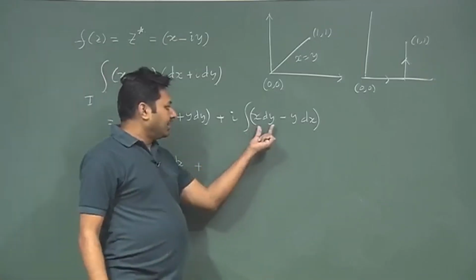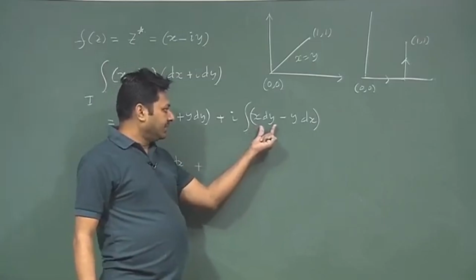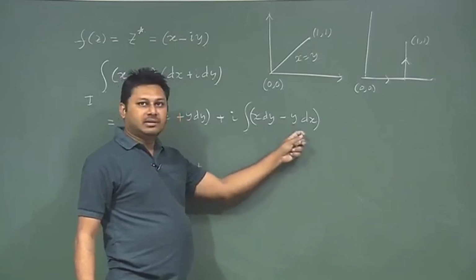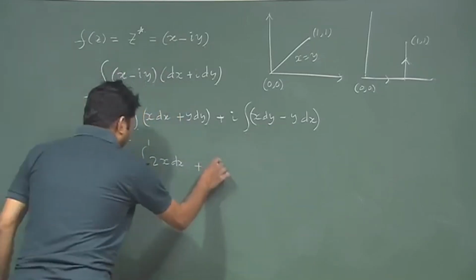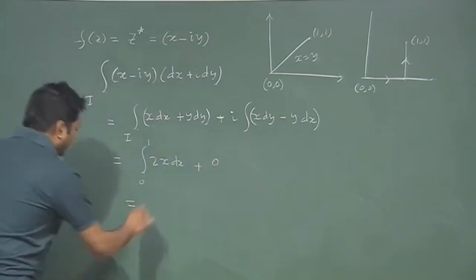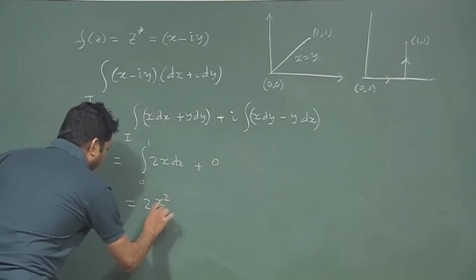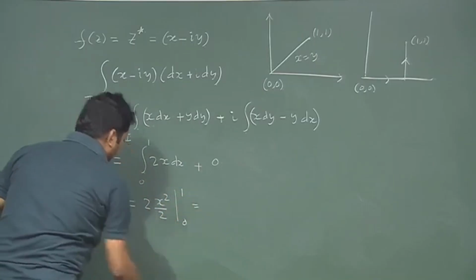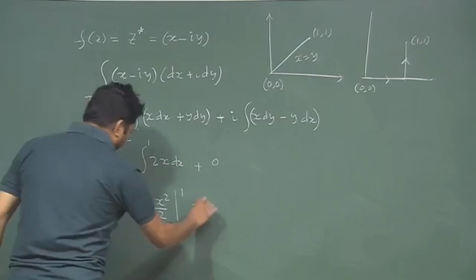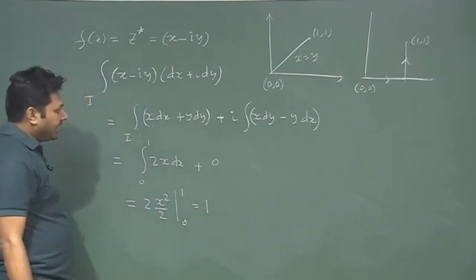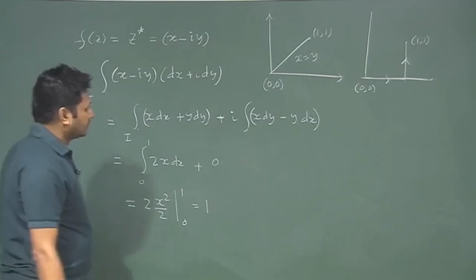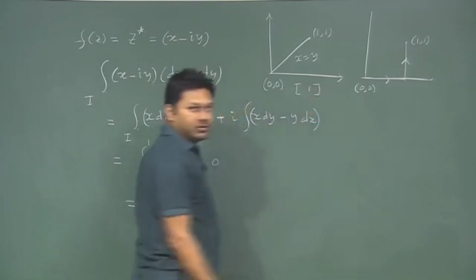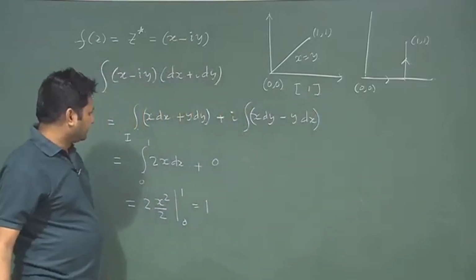However, when I put x equal to y and dx equal to dy in the second part, this quantity vanishes, because this minus this is 0. So, I get 2 x square by 2 from 0 to 1, which is 1. So, the value of this integration is 1.